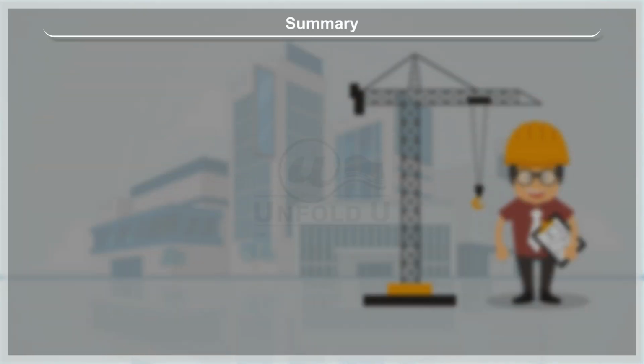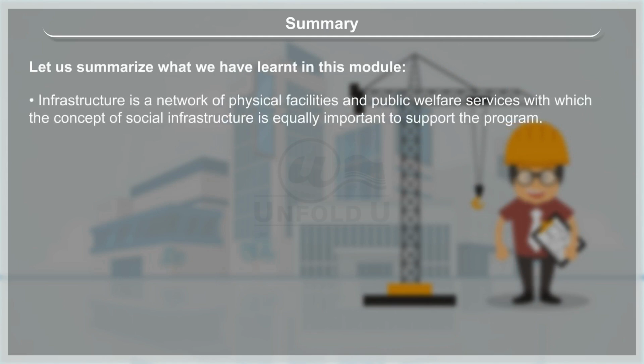Summary. Let us summarize what we have learned in this module. Infrastructure is a network of physical facilities and public welfare services, with which the concept of social infrastructure is equally important to support the program.